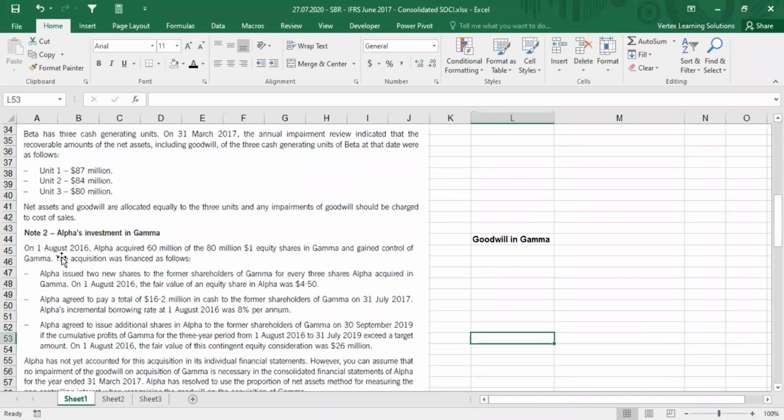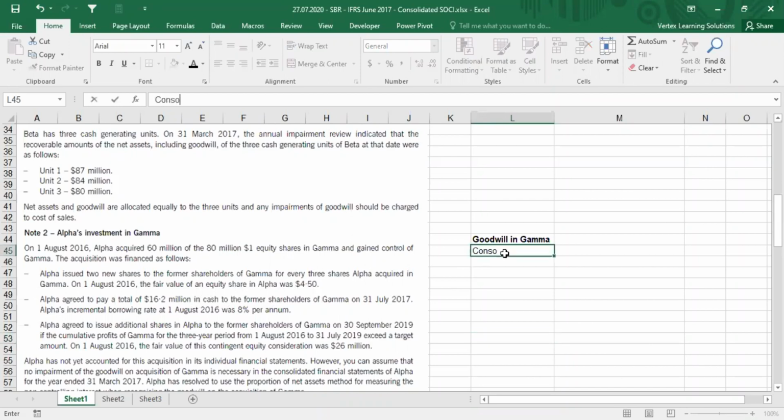So on 1st August 2016, Alpha acquired 60 million of the 80 million equity shares in Gamma, and gained control. The acquisition was financed as follows. Alpha issued 2 new shares to former shareholders of Gamma for every 3 shares Alpha acquired in Gamma. On 1st October 2016, the fair value of an equity share in Alpha was 4.50.